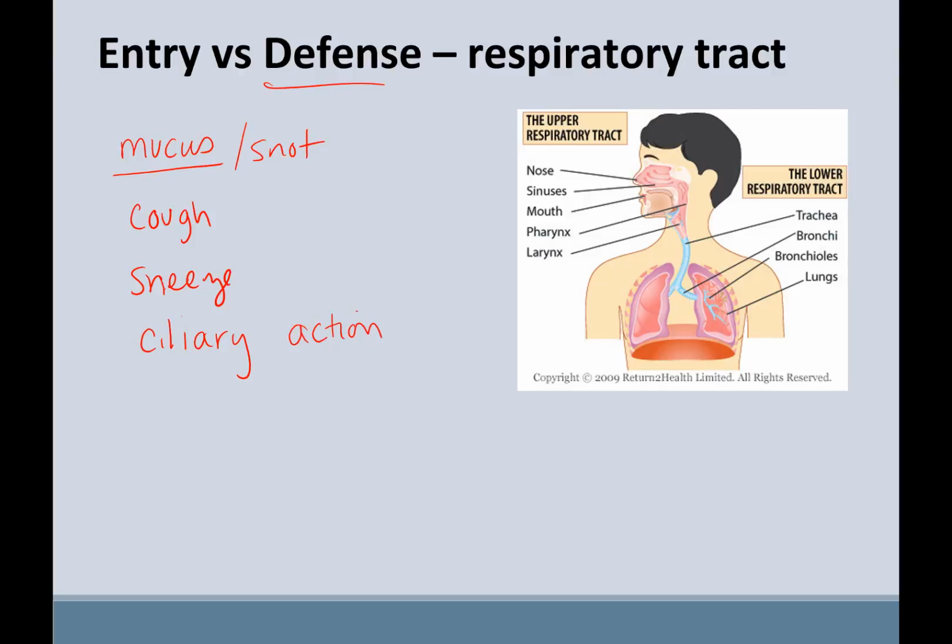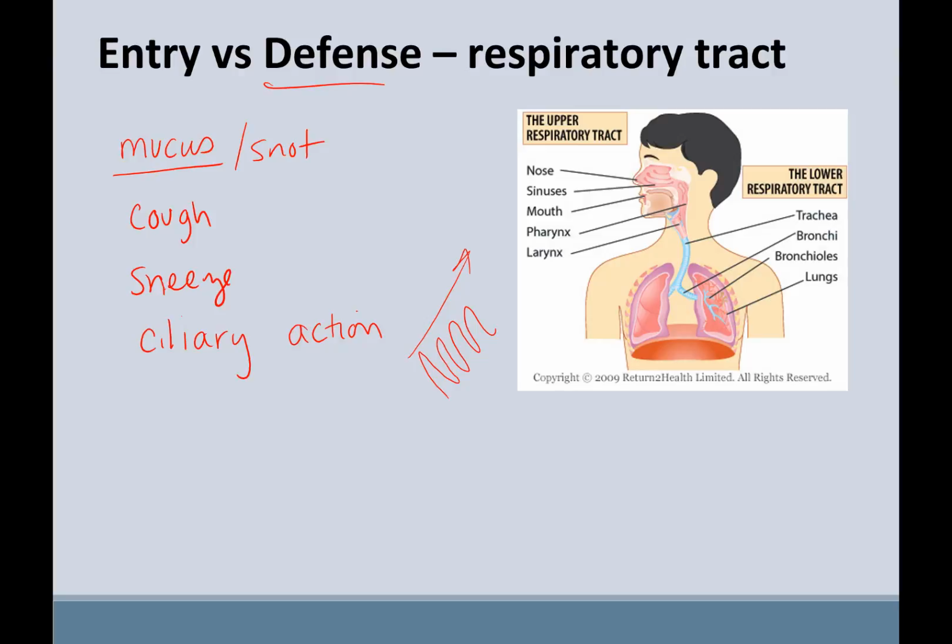So the cells that line your trachea have these little cilia that help sweep microbes out, right?